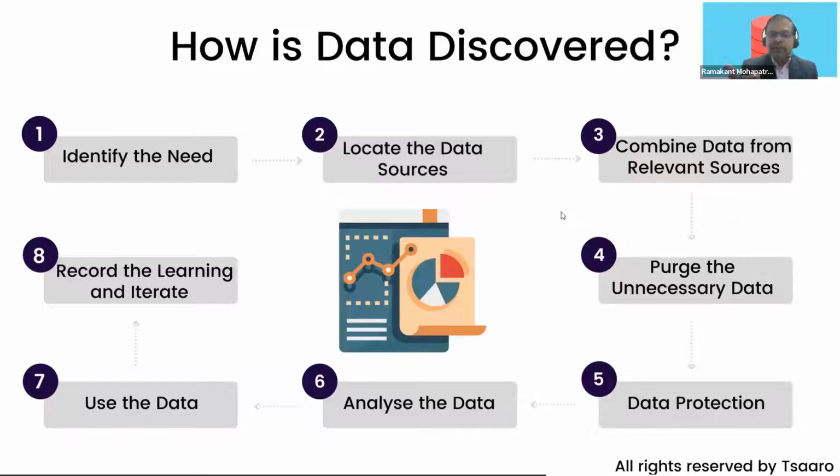What is nicely put here is parsing unnecessary data. We'll touch upon that when we talk about the data privacy section, but data protection is nicely articulated. Once you have the data, before you go and analyze it, this is where you have to do that segregation. Either you do anonymization or pseudonymization, or strip off the data you don't require. If you are going to do an aggregate analysis, for example in the COVID cases, where I was part of the Arogya Setu privacy implementation core team, the think tank.